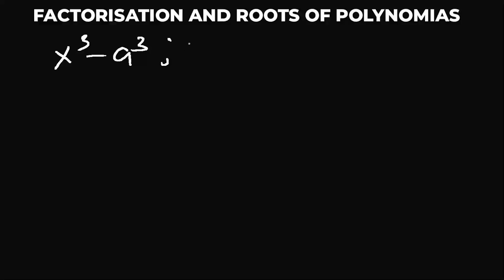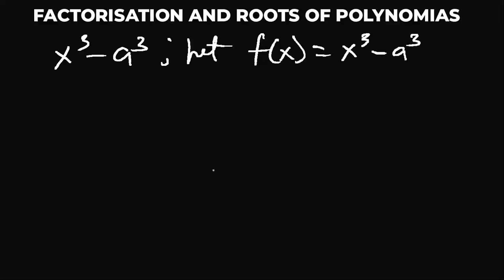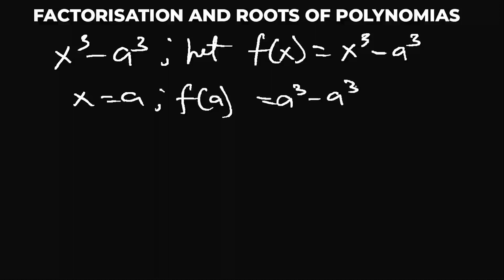So to use the factor theorem, we say let f of x equal x cubed minus a cubed. Then I can assume that x minus a is a factor. So if we assume that x is equal to a, we say f of a is equal to a cubed minus a cubed, and that equals 0. So that shows that x minus a is a factor.